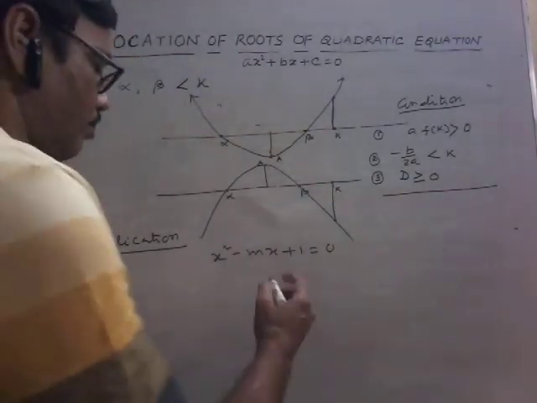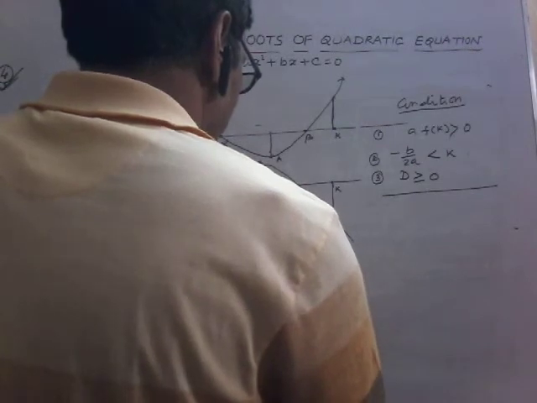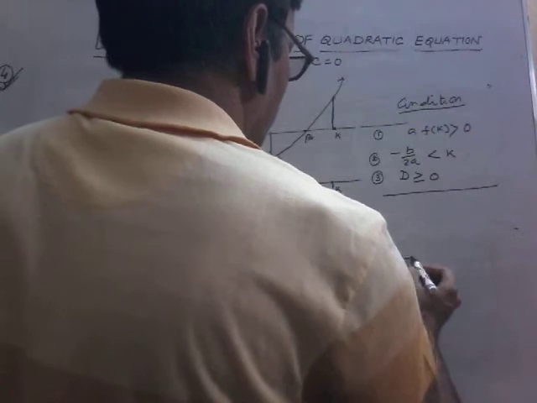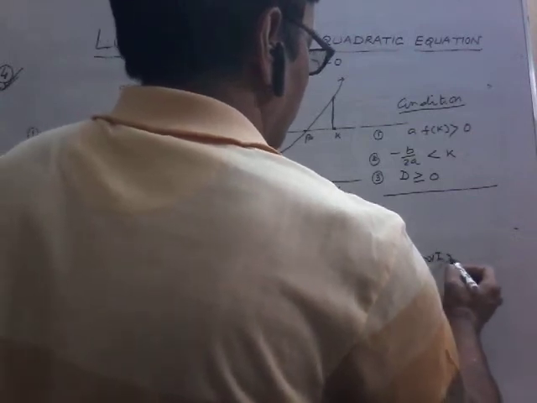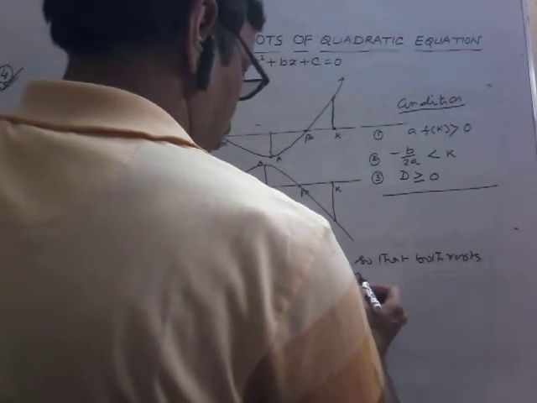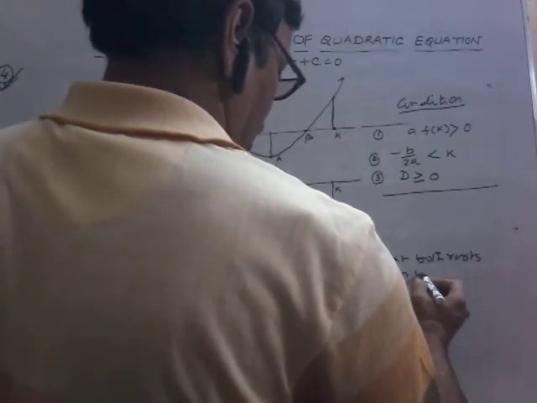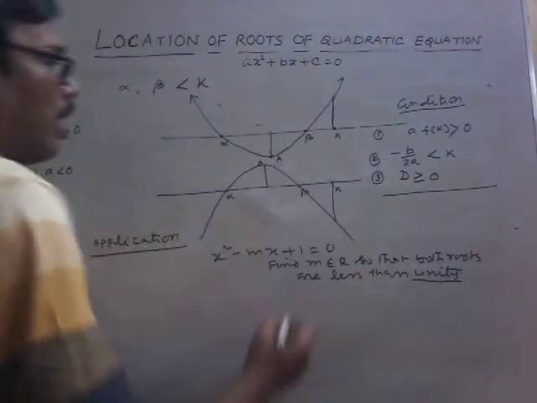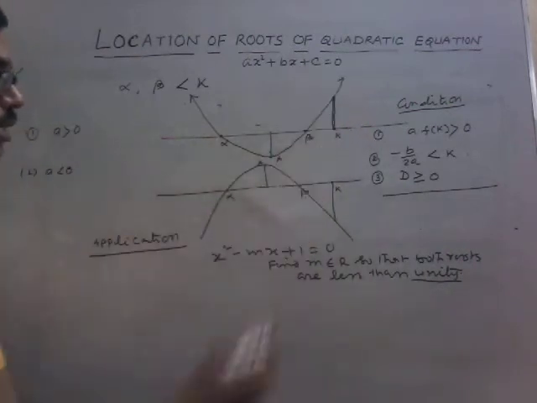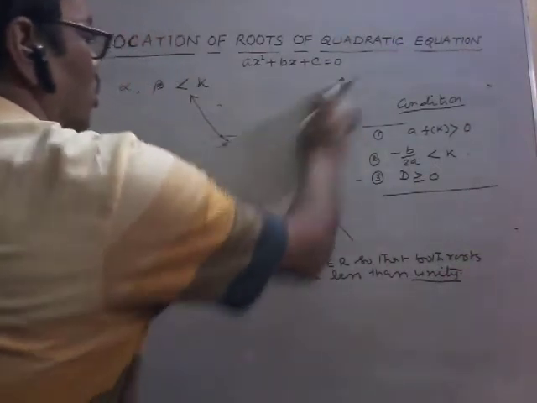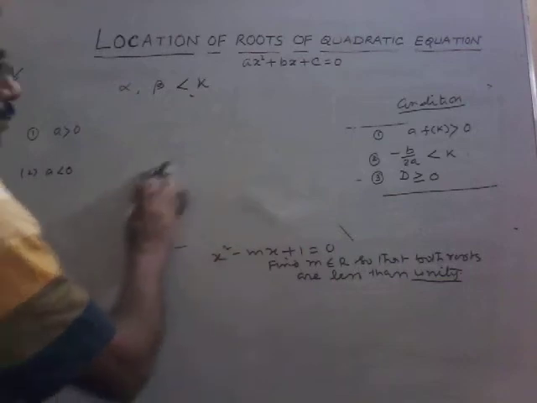Find m belongs to R so that both roots are less than unity, that is 1. So K is replaced by 1. So we try to solve this problem.